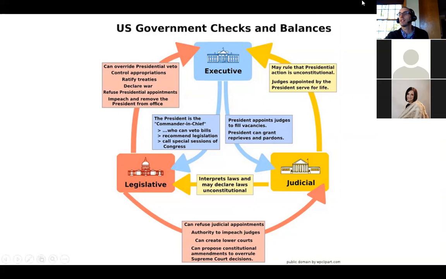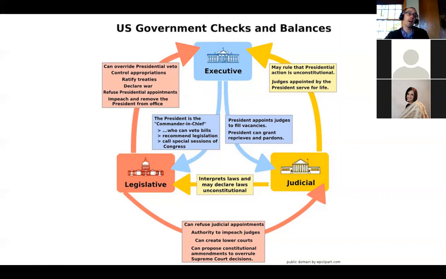So here's the different ways that each of the 3 branches controls the power, balances the power of the other branches. Let's see, the legislative branch controlling the executive. They can override a presidential veto. If the legislative branch passes a law, the president can veto it.